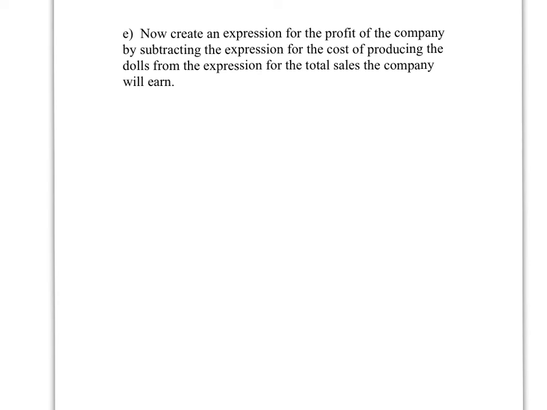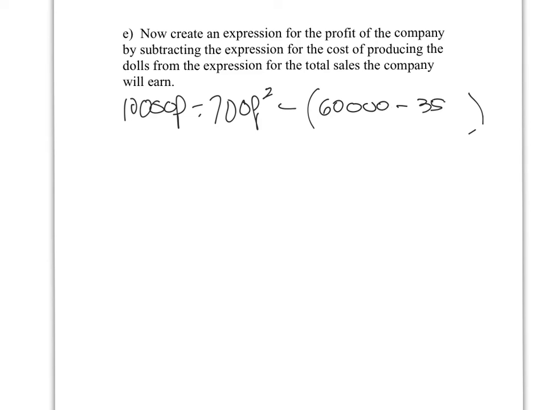So in order to do that, we have 10,000p minus 700p squared. From that, we're going to subtract our cost, 60,000 minus 3,500p.